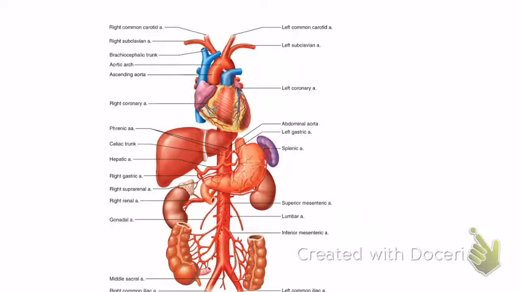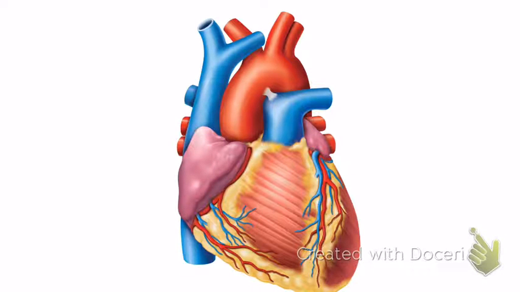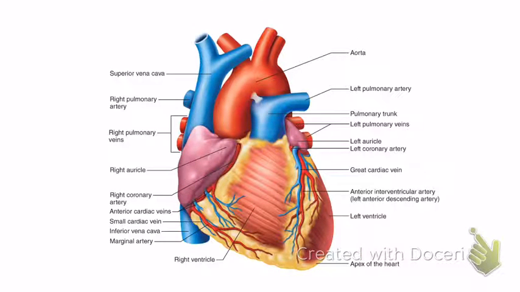Okay, let's make sure we got everything on our list. I did not point out, because I stopped too early, I do want to point out the coronary arteries right here and right there. And then this would be interventricular. So you'll see right and left coronary arteries, and then anterior interventricular. And they should be labeled right here.